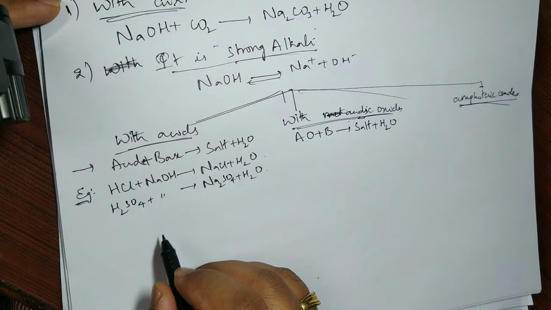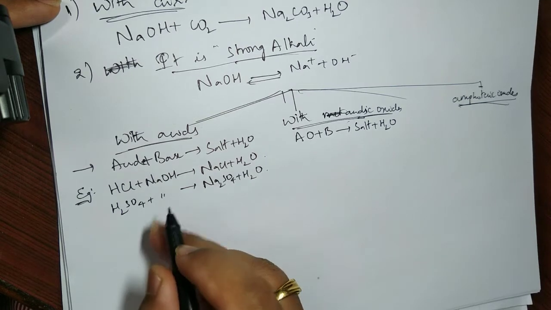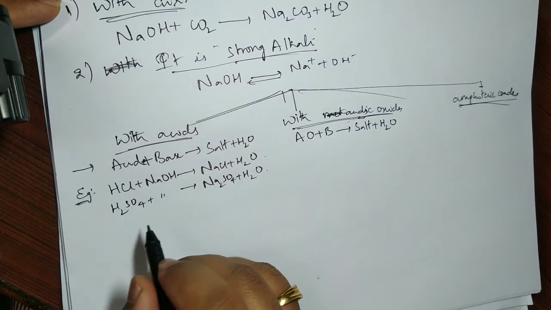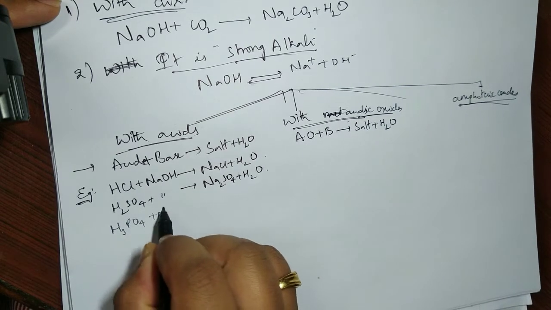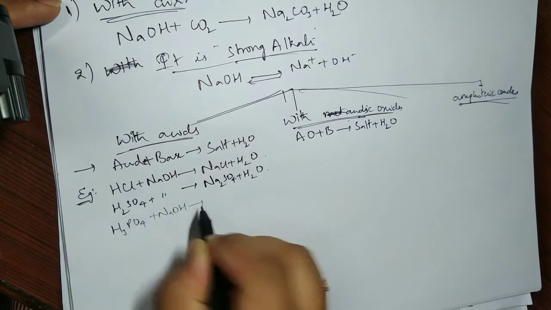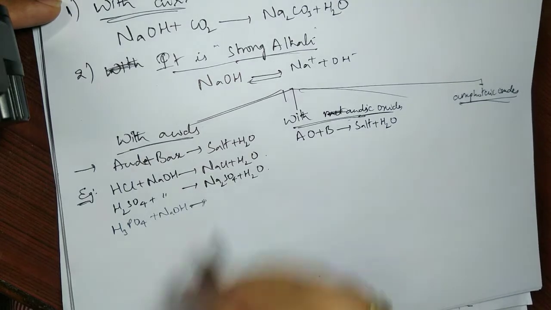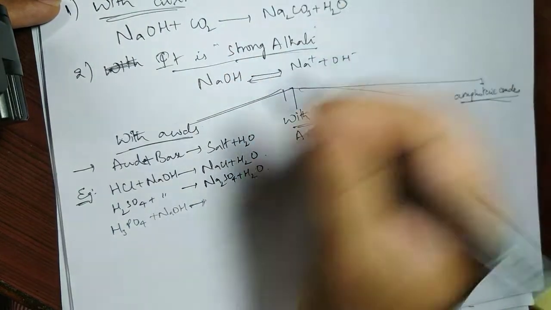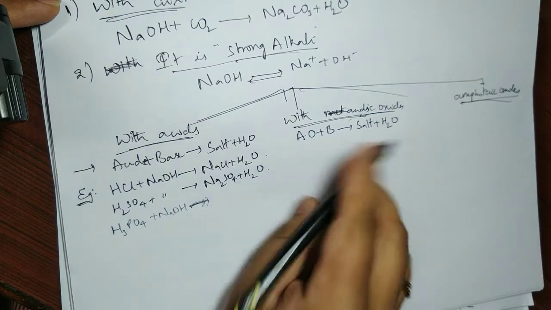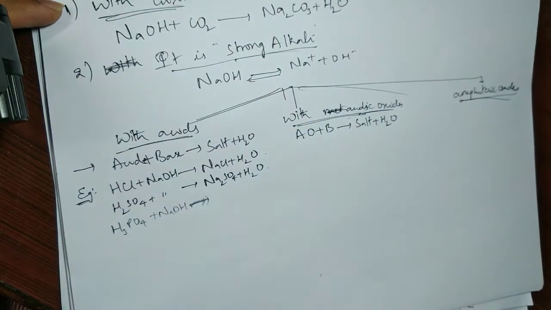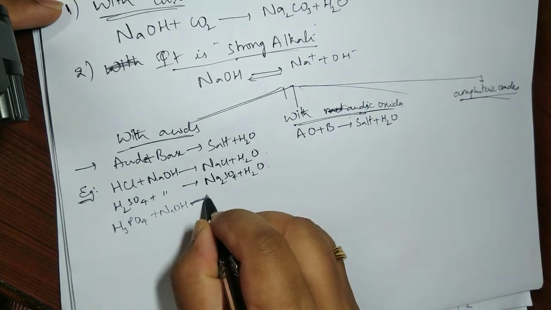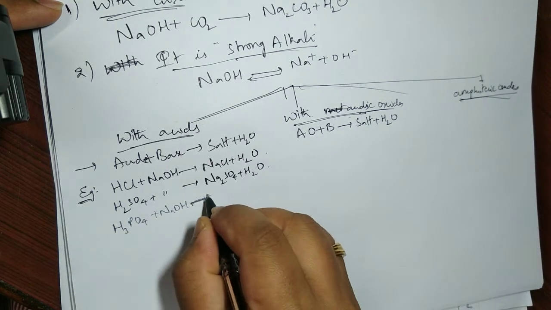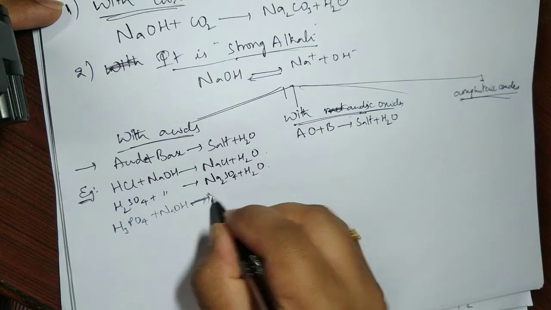So if I use phosphoric acid, H3PO4 plus NaOH, what is the salt?